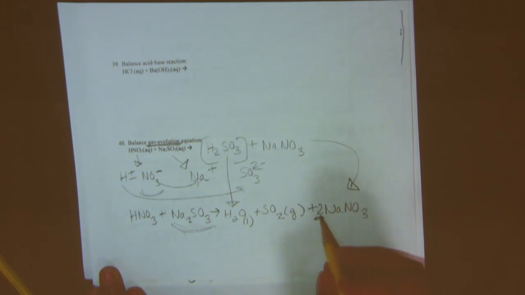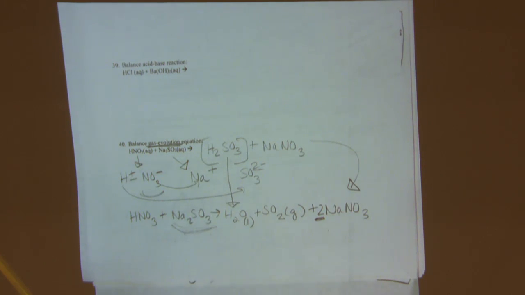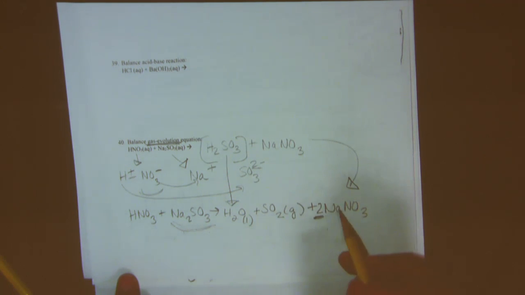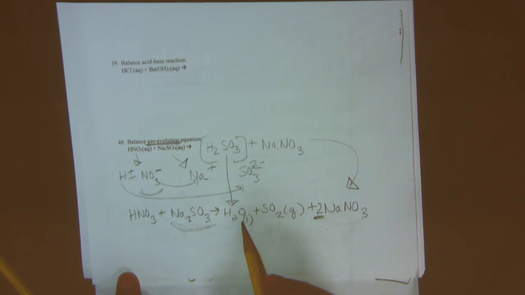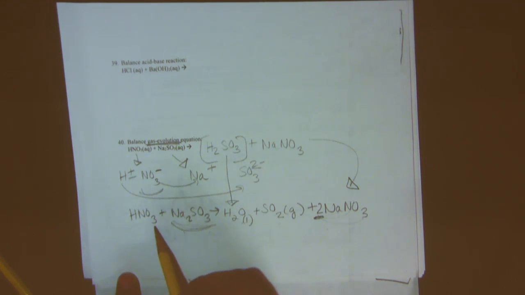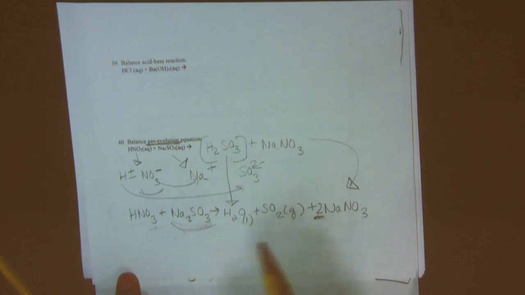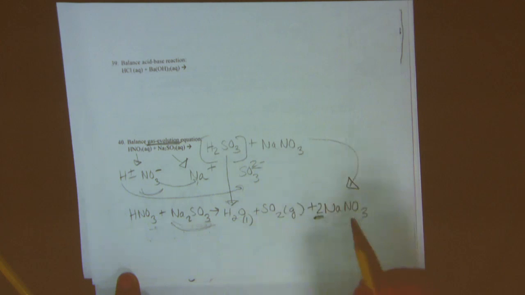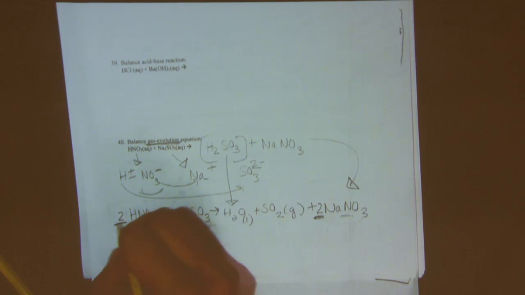So now I have 2 sodiums, right? And now everything changes as well, right? Now I have 2 sodiums, 2 nitrogens, and 6 plus 2 is 8, 8 plus 1 is 9 oxygens, right? And I have 6 oxygens here, and I only have 1 hydrogen here and 1 nitrogen here. But since I have 2 nitrogens here now, I'm going to add a 2 right here.